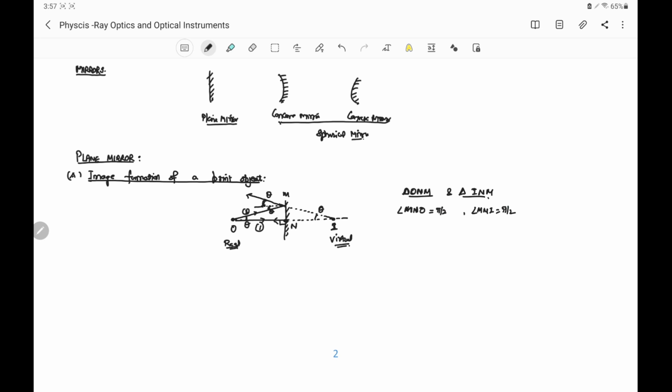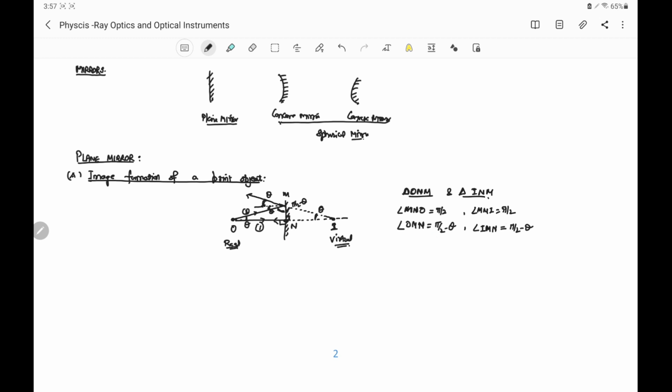Similarly, another angle, angle OMN, is equal to pi by 2 minus theta. And similarly in triangle IMN, this will also be pi by 2 minus theta, because this angle is theta and the other is pi by 2, so this angle is pi by 2 minus theta.